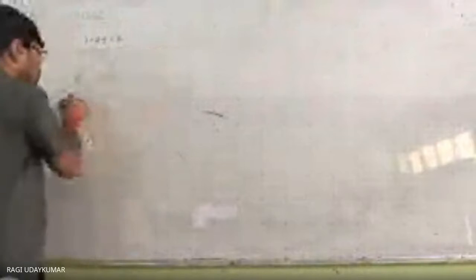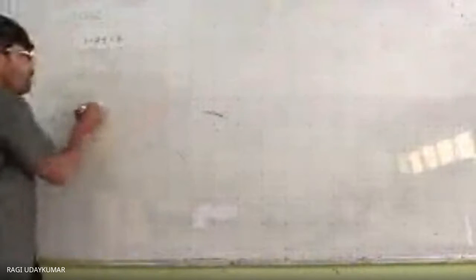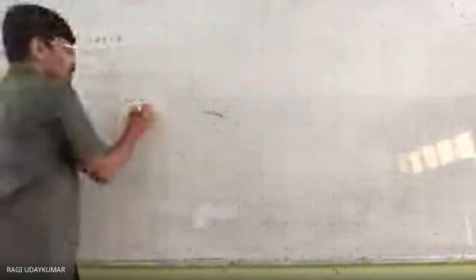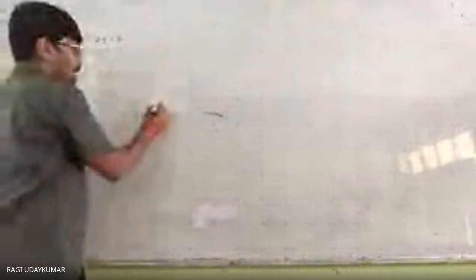Here you consider A as [1 2; 2 3], X as the two variables x and y, and B as [2; 3]. So what to do here? Determinant of A is 3 minus 4, which is equal to minus 1, not equal to 0. Therefore, not equal to 0 means they are consistent.